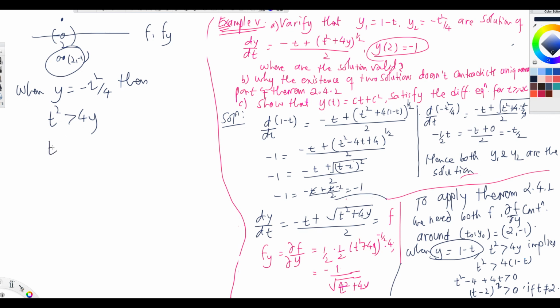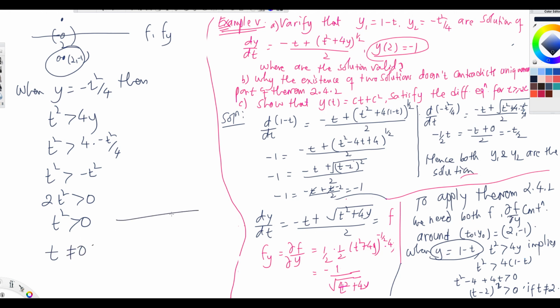This implies t square is greater than 4 times negative t square over 4, so t square is greater than negative t square. So twice t square is greater than 0, so t square is greater than 0, meaning t should not be equal to 0. Otherwise it is continuous everywhere.